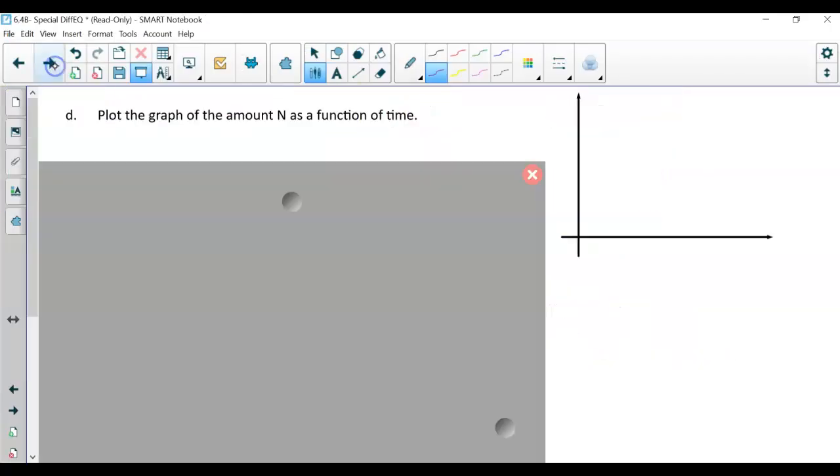So we're going to come here to the next problem, plot the graph as the amount n as a function of time. Well, that's kind of a no-brainer there.